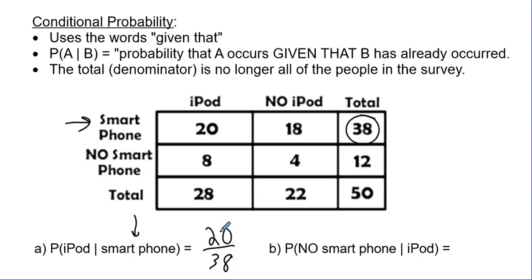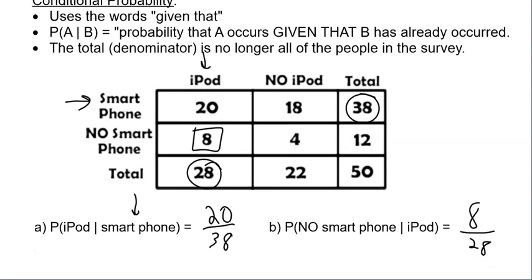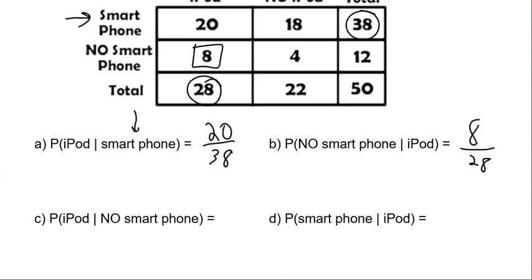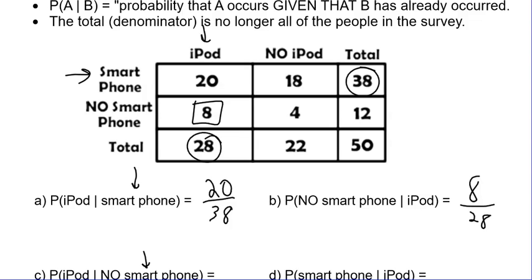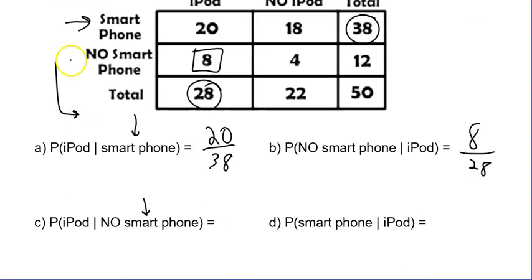Okay? No smartphone, given an iPod. So where's iPod? Here's iPod, 28. That's my denominator. I actually put that in first. Now, no smartphone, in that same column is 8. Okay? Now, iPod given no smartphone. Find no smartphone. That's right here. The total is 12.